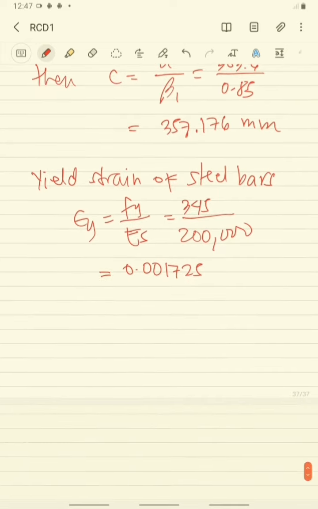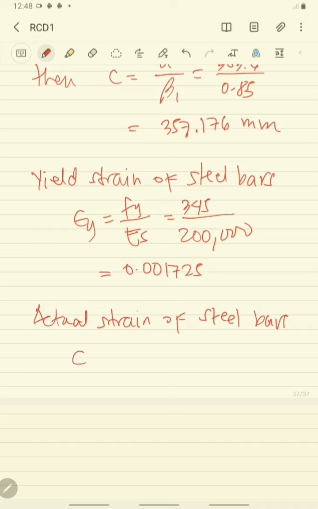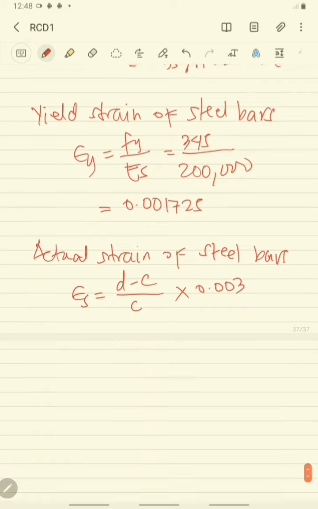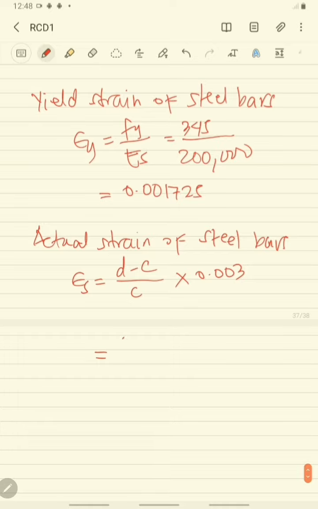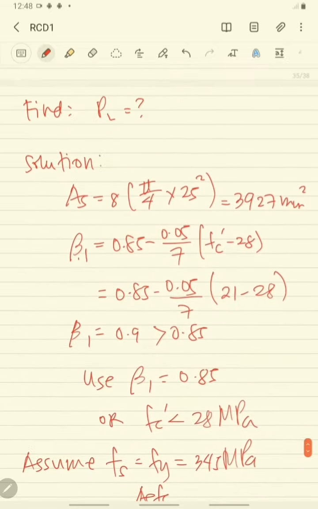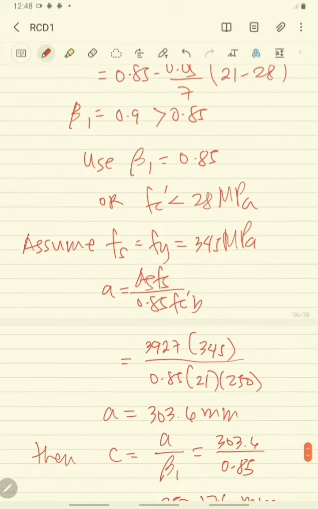Okay, next is the actual strain of steel bars. So we have Es is equal to d minus c over c times 0.003. So we have this formula. Your effective depth, again, is 400.